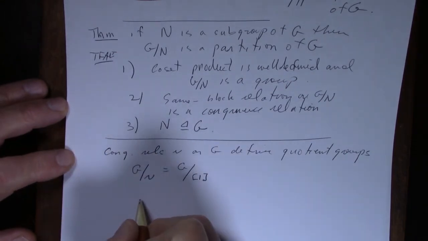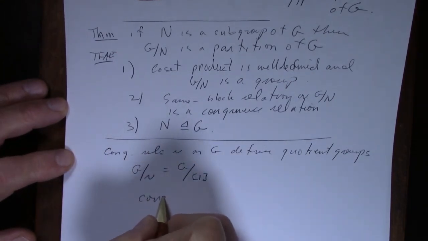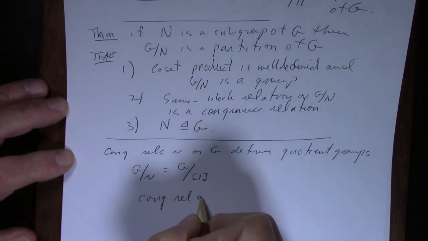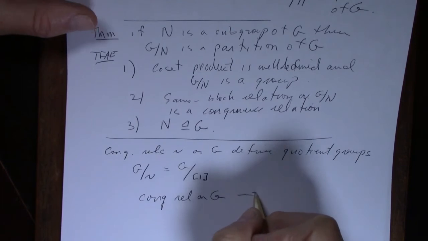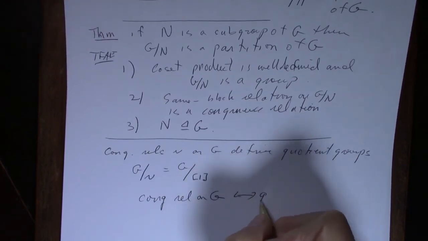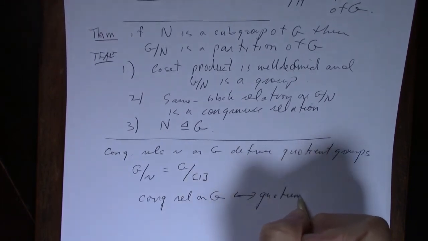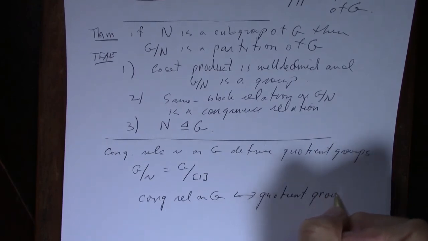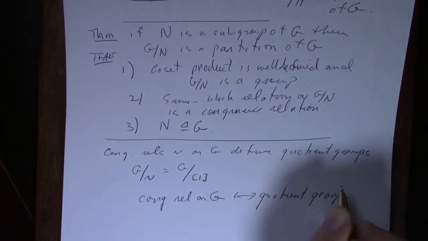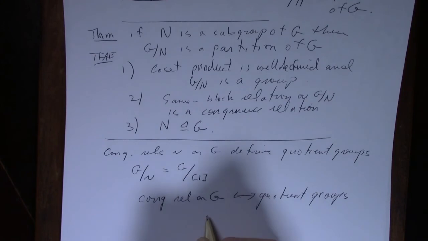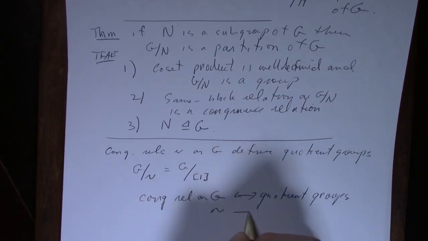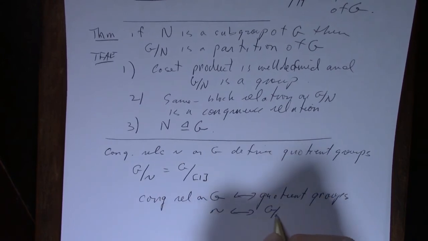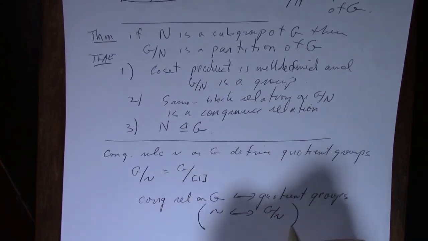So there's a relationship between congruence relations on G and quotient groups. And that relationship sends a congruence relation to its quotient like this.